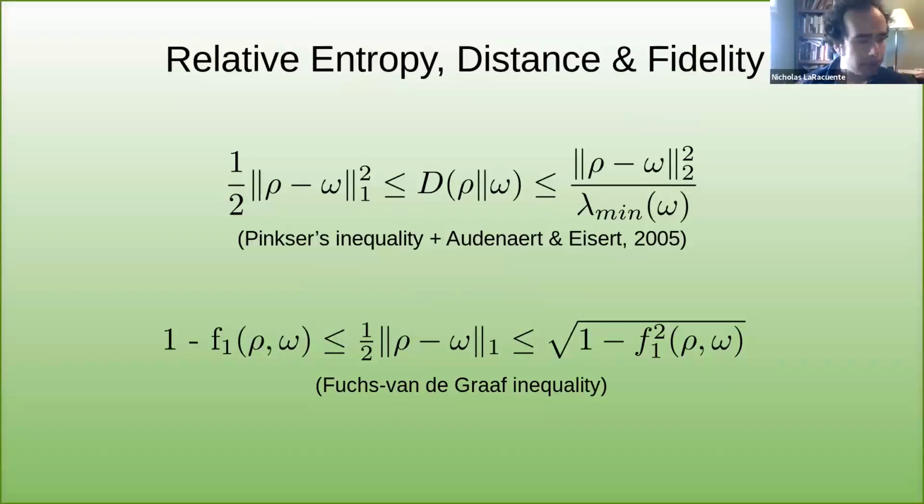Then there's another inequality, the Fuchs-van de Graaf inequality, which shows that the norm distance is also bounded in terms of the 1-fidelity, which reduces to the usual and older fidelity considered in quantum information. And so fidelity is like a measure of similarity. Relative entropy is like a measure of distance.